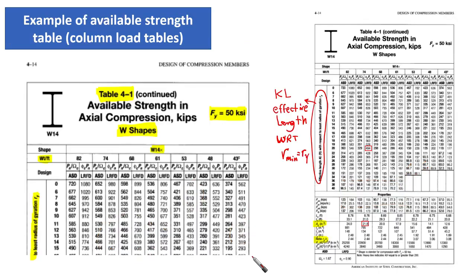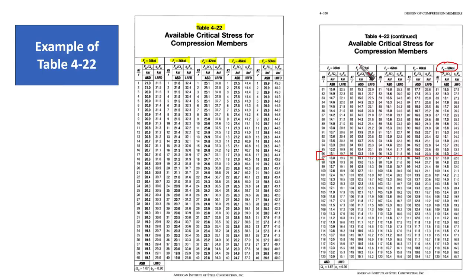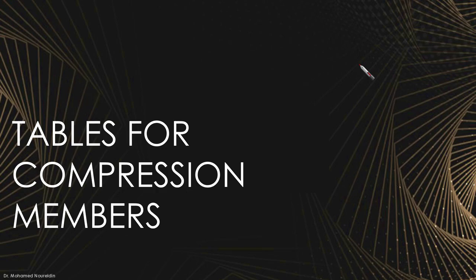As I said, under the title of the table it gives you the type of the shape. Here it is wide flanges. Now, to conclude, we have two main tables for compression members.